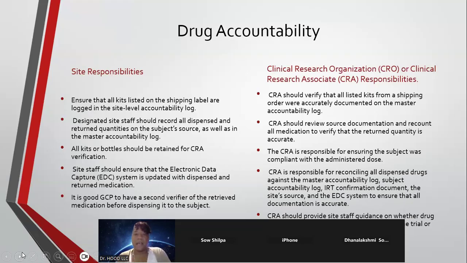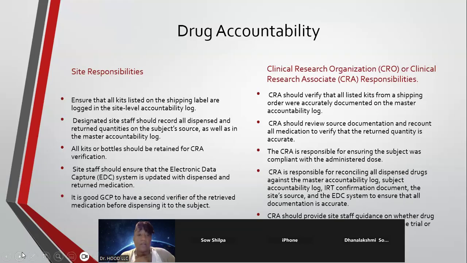And then the other side is going to be related to the subject that received it, the date that they received it, and what they received and what they returned. And then that last part of the accountability log is usually going to have a place for the CRA to verify that the information is correct. Okay, so designated site staff should record all dispense and return quantities on the subject source as well as the master log.